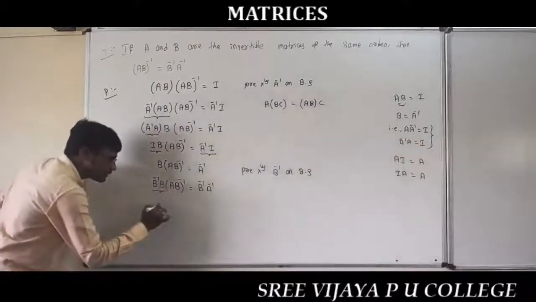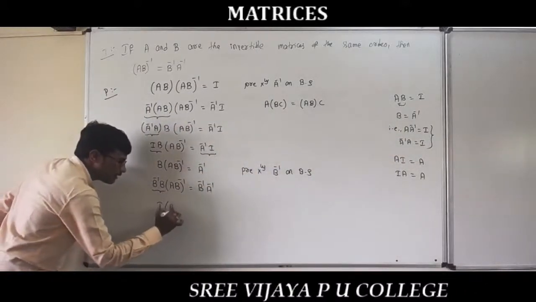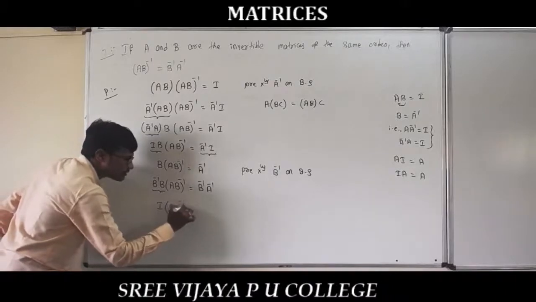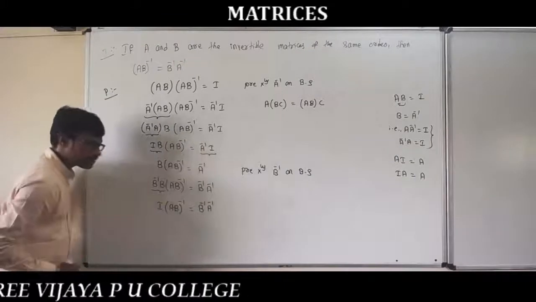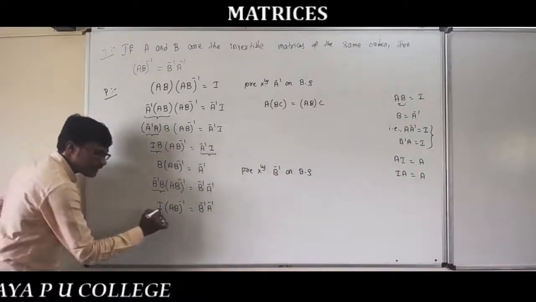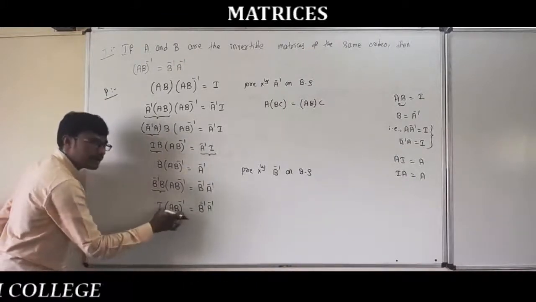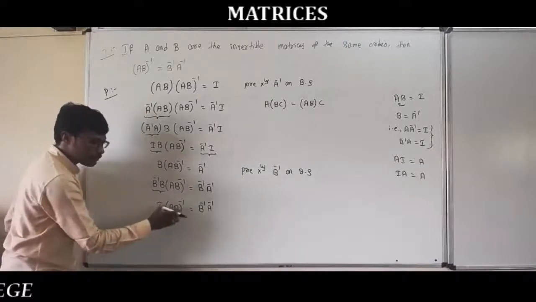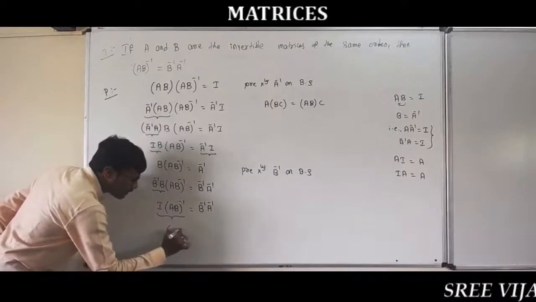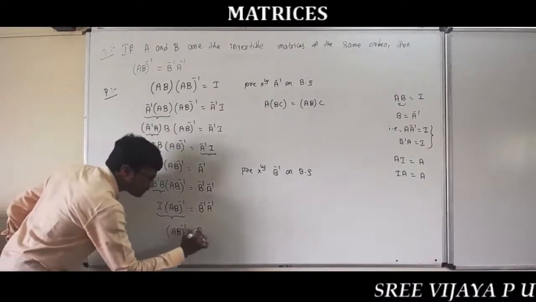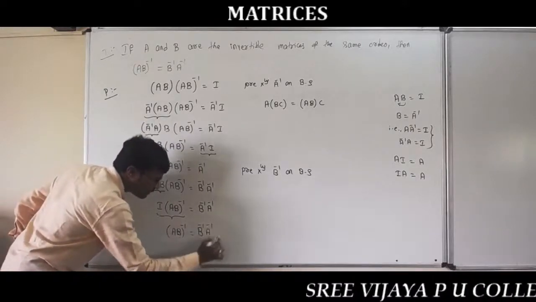So B inverse into B is I into AB whole inverse equals B inverse into A inverse. Nothing will change. Again for this I, if you multiply with any matrix, again AB whole inverse is one of a matrix. If you multiply the matrix with identity matrix, again you get that same matrix only. So AB whole inverse equals B inverse into A inverse.